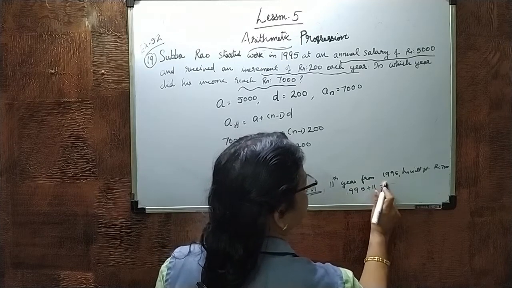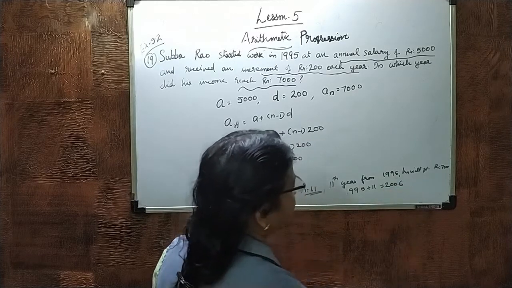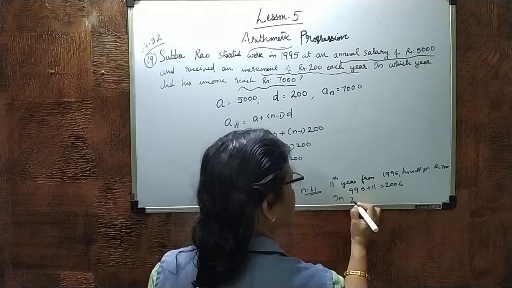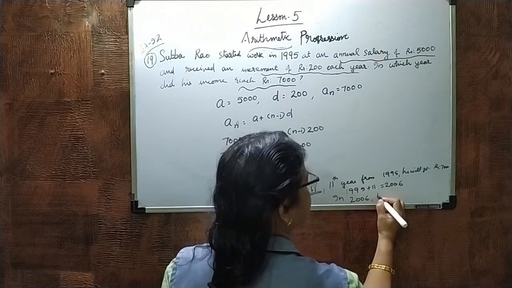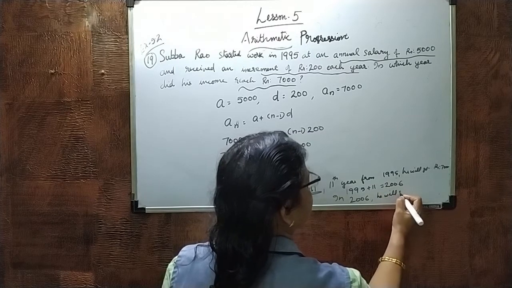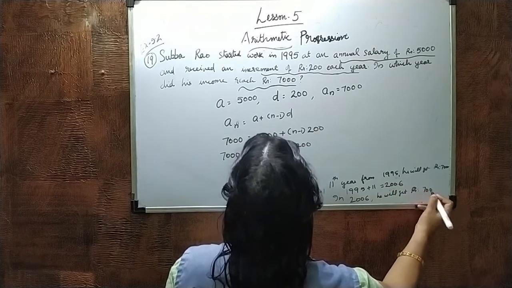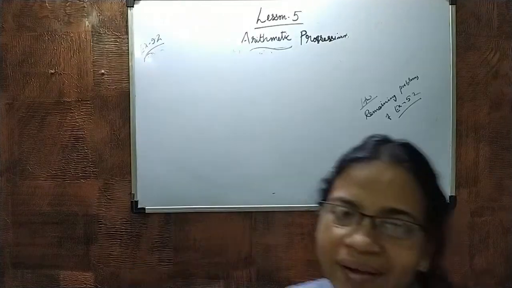It is 2006. Right? So in 2006 he will get rupees 7,000. Not 700, it is 7,000.